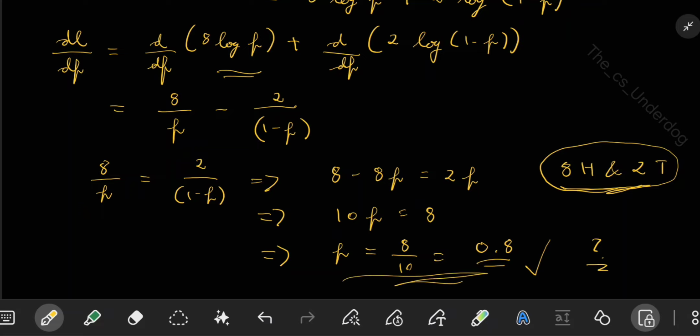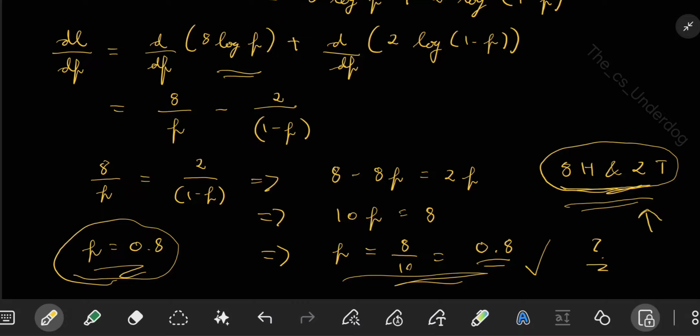If you are tossing a coin with a bias of 0.8, which means you have 80% chances of head and 20% chances of tail, then the probability of getting 8 heads and 2 tails in 10 coin tosses is the maximum.